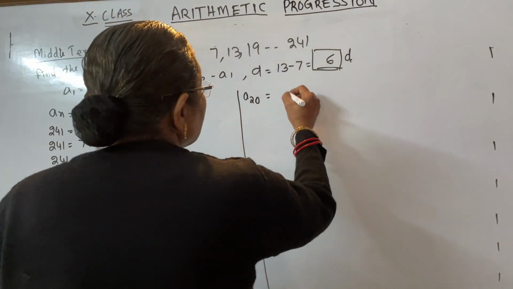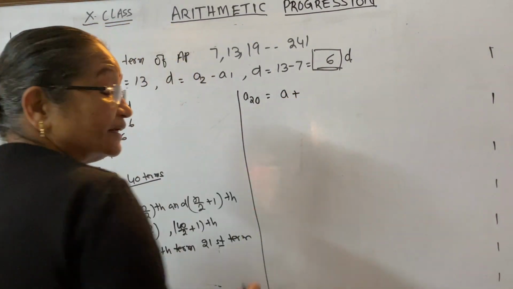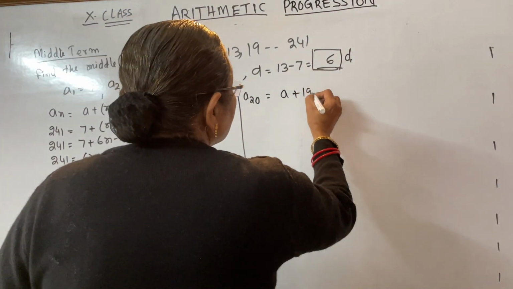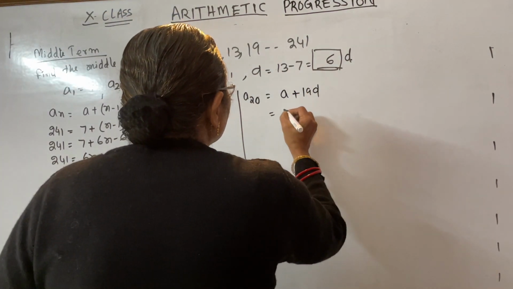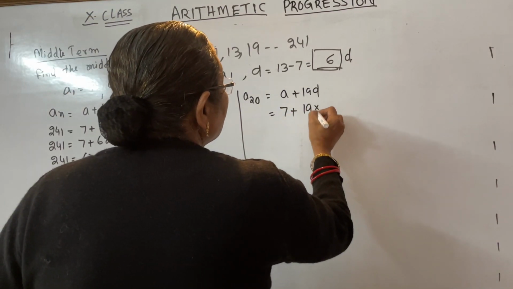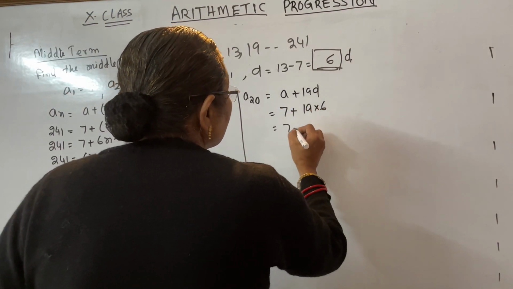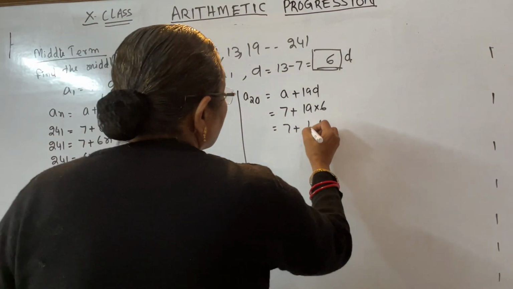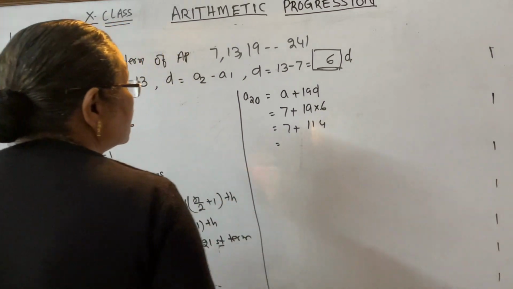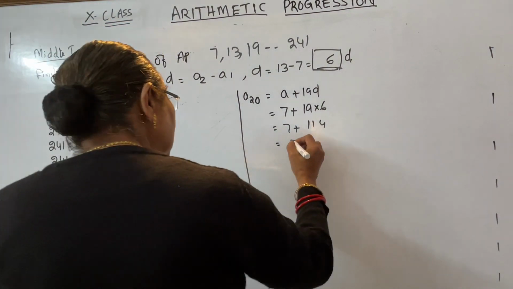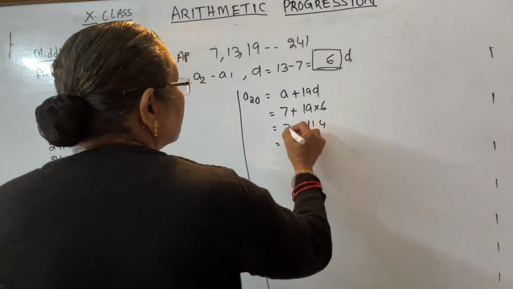That is a plus 20 minus 1, that is 19d, so a plus 19d. a is 7, plus 19 into d, which is 6. So 7 plus 19 sixes equals 121.